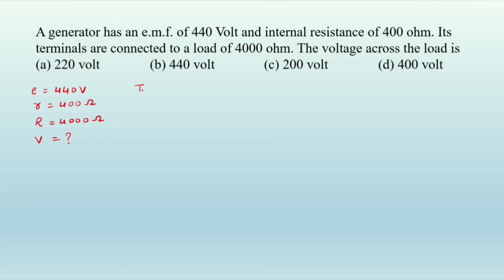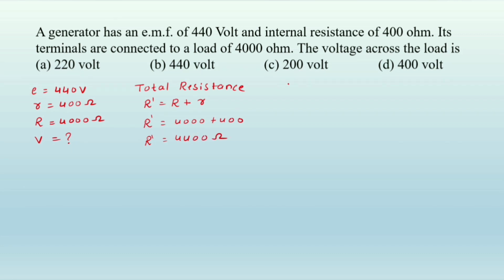See here, total resistance, let us write it as R dash equal to load resistance plus internal resistance. So we get 4000 plus 400. So R dash equal to 4400 ohm.